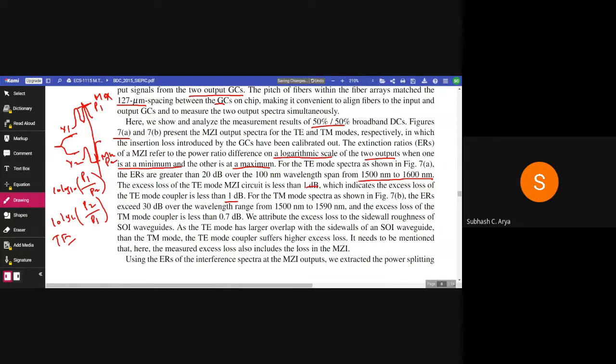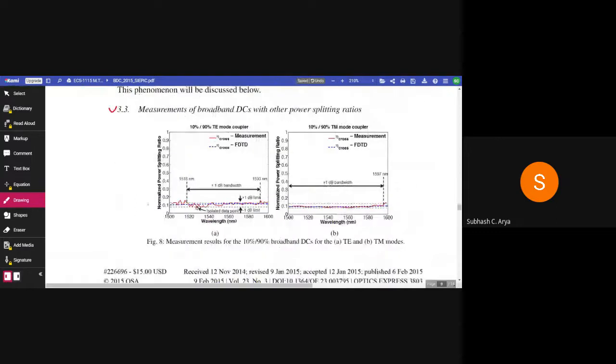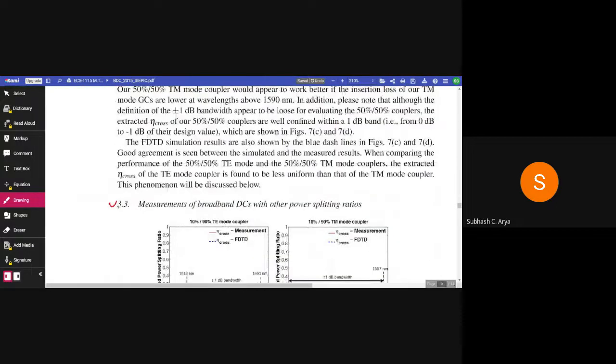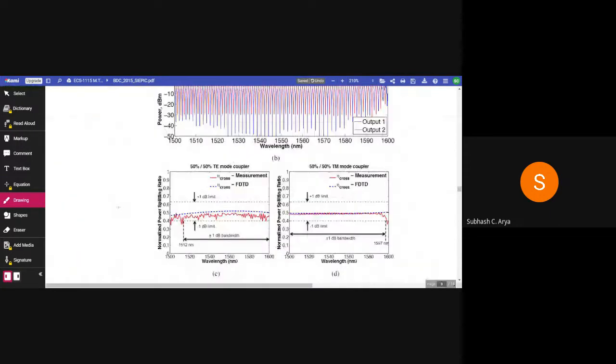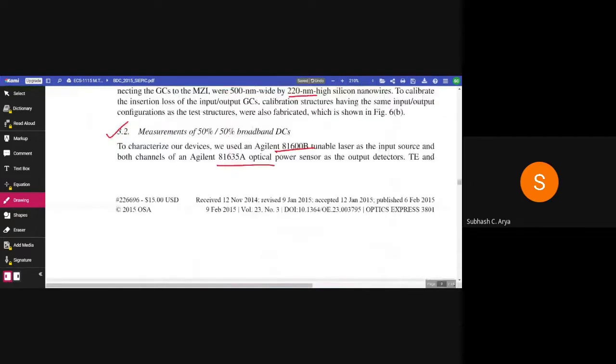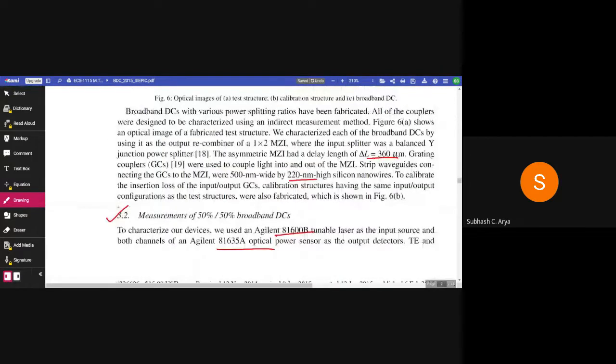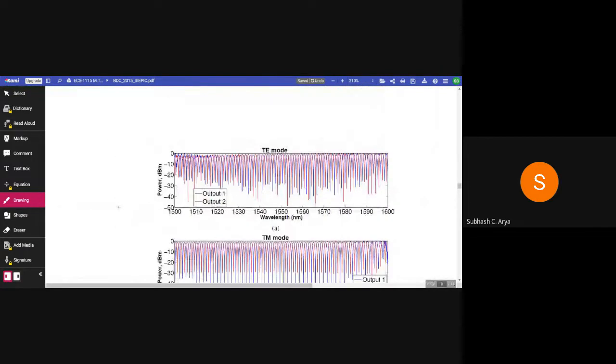Now let us see figure 7a. Where is figure 7a? Yeah, this is figure 7a.